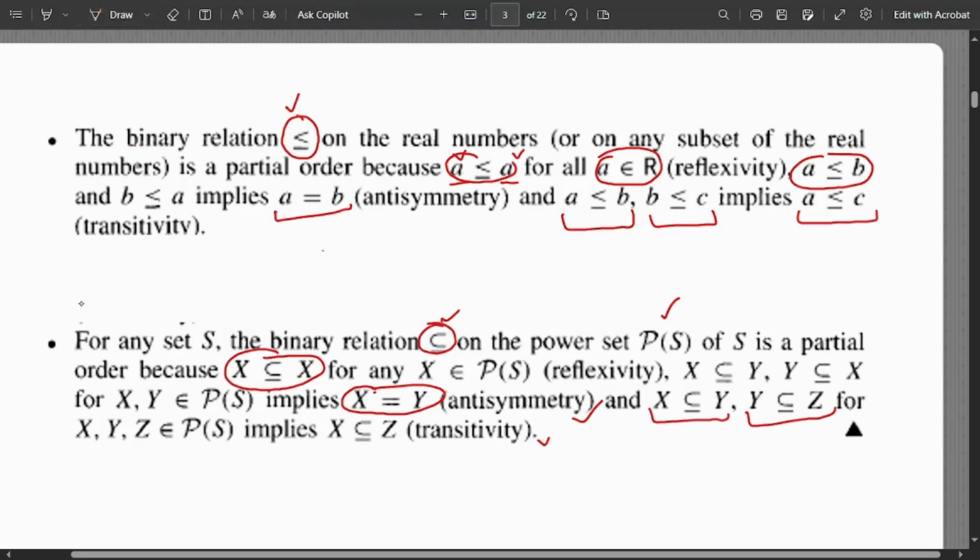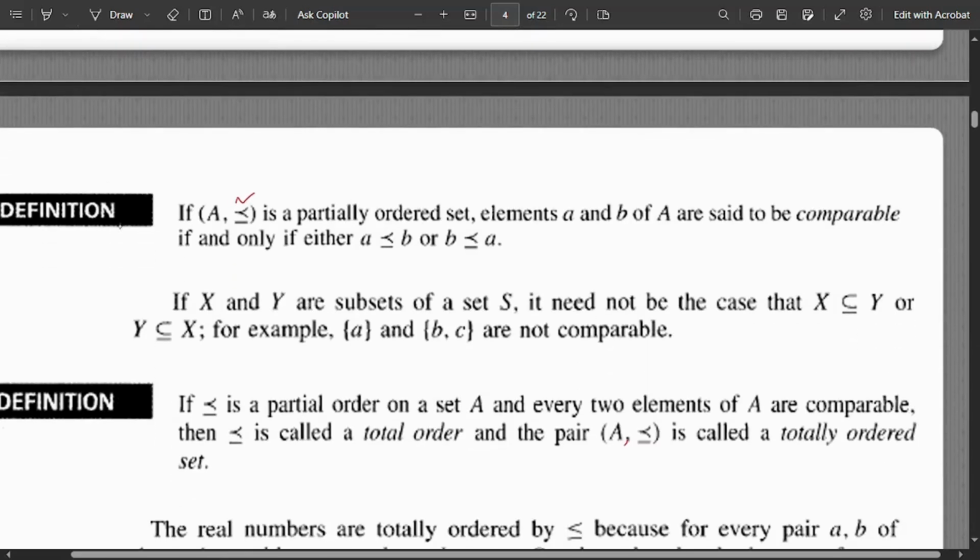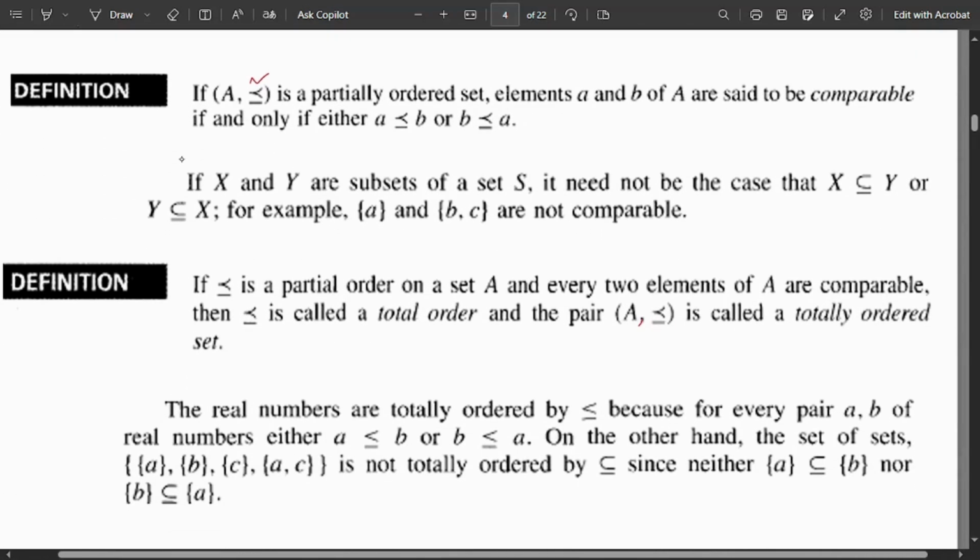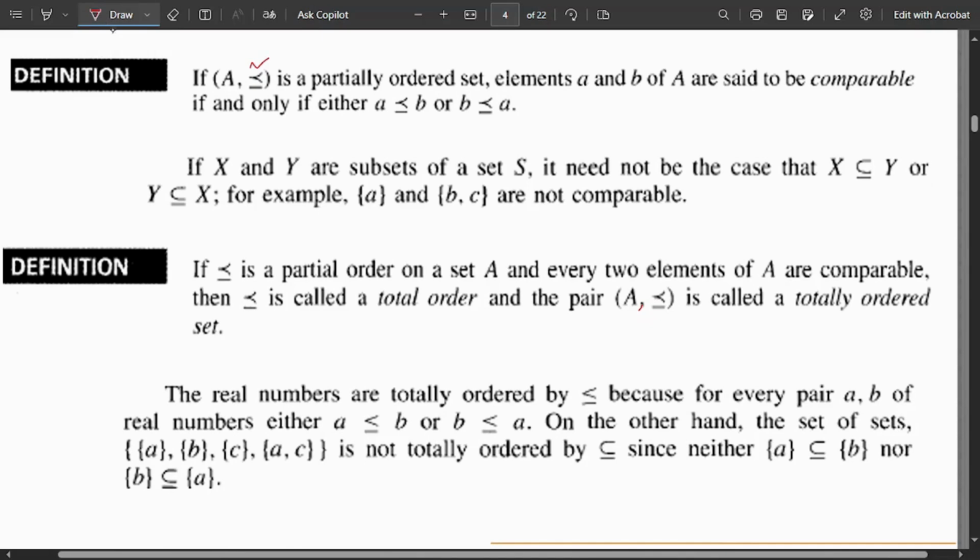Now we understand the condition of comparability. In a partially ordered set, if every two elements are related with the partial order, then we say every two elements are comparable.